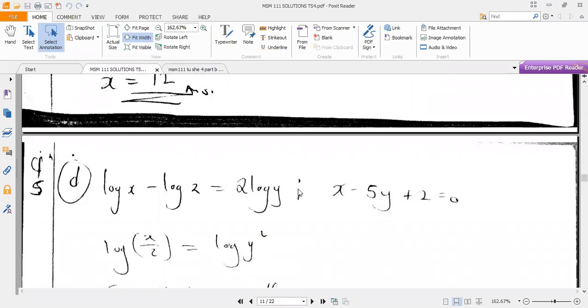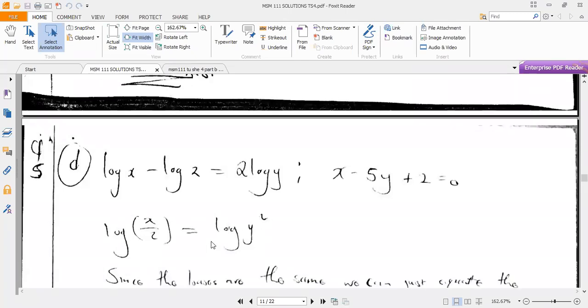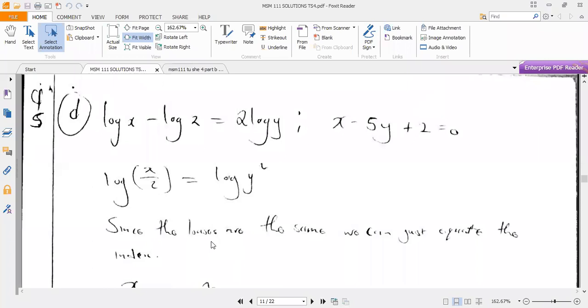If you have forgotten, look at them again. So you have log base 10 of y to the power 2. Now you continue. Since the bases are the same, we can equate those two using the equality rule.